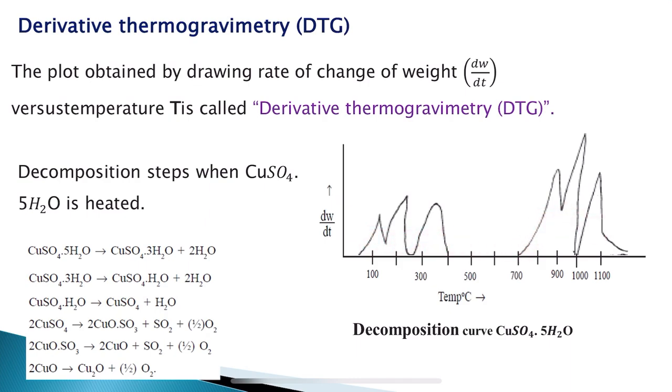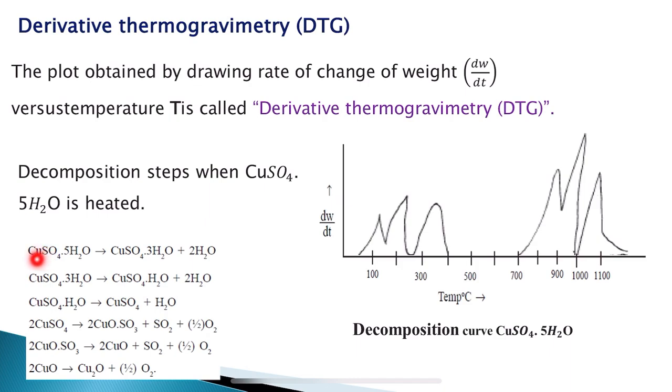This indicates that there are 6 decomposition steps when copper sulphate pentahydrate is heated. These are the 6 reactions which take place in derivative thermogravimetric analysis.